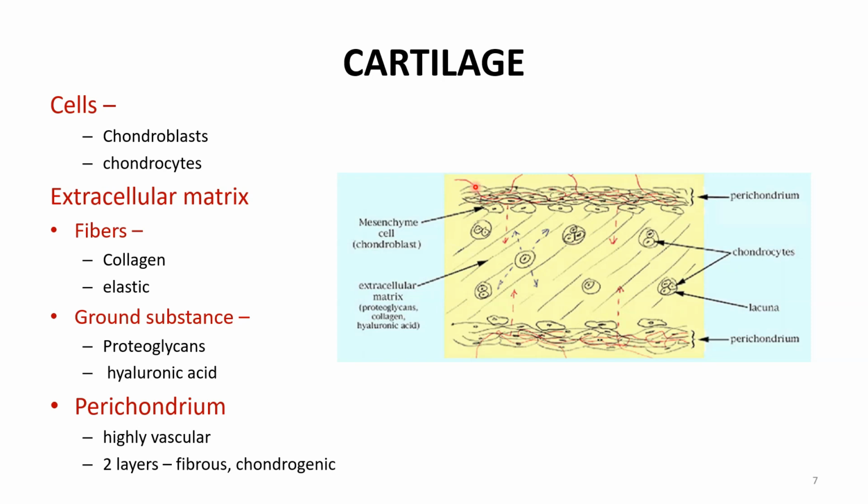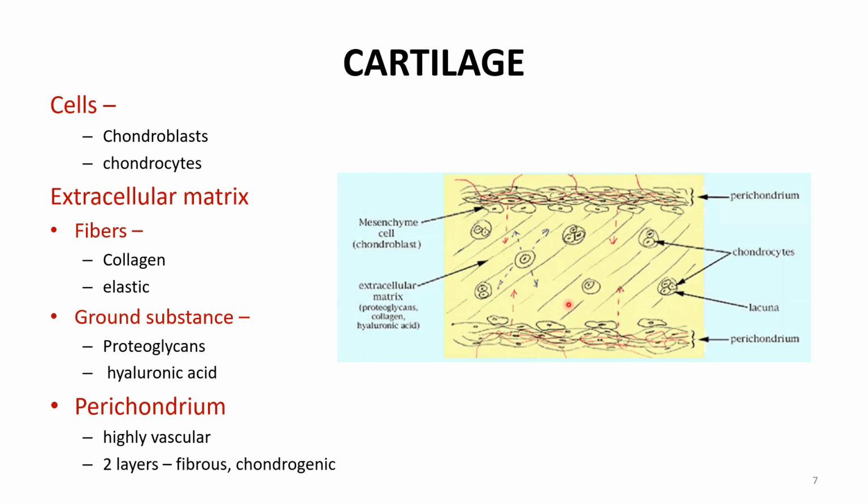The outer layer is called the fibrous perichondrium, and the inner layer is called the chondrogenic layer, which contains the chondroblasts. And the perichondrium is highly vascular, whereas the cartilage is avascular.